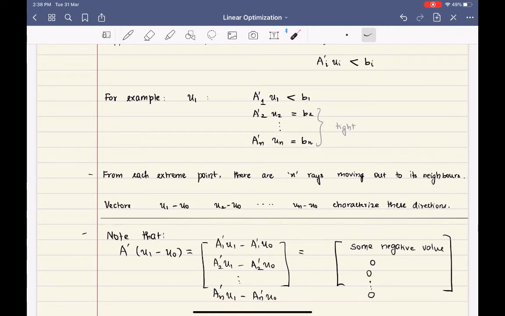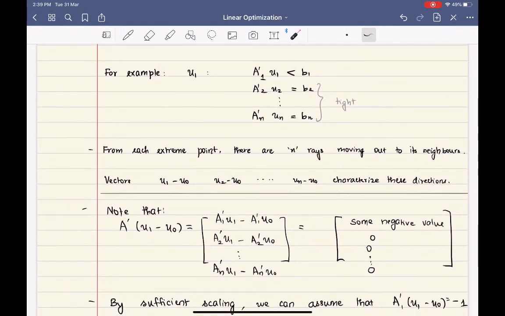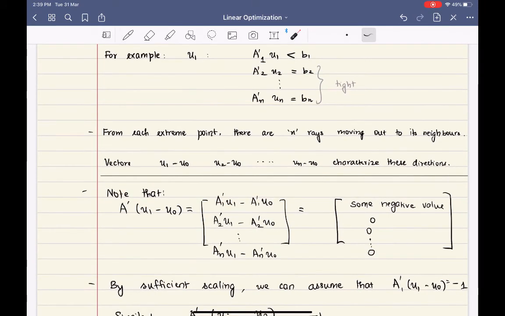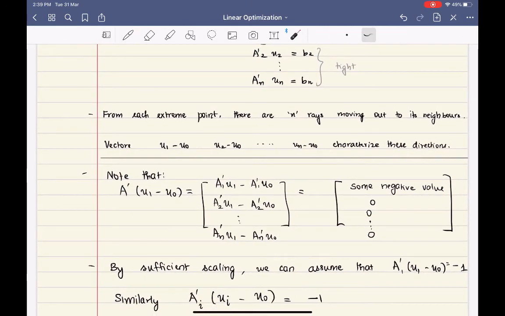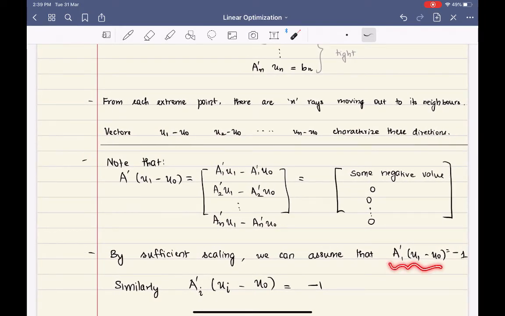Now what do we know? We know that a2 prime of u2 and a2 prime of u0 are the same. They are both equal to b2. So at all these coordinates I get 0, and here it will be some negative value. Negative why? Because a1 prime of u0 equals b1, and this one is strictly less than b1. Now we can assume that you pick the point u1 such that a1 prime of u1 minus u0 is minus 1.